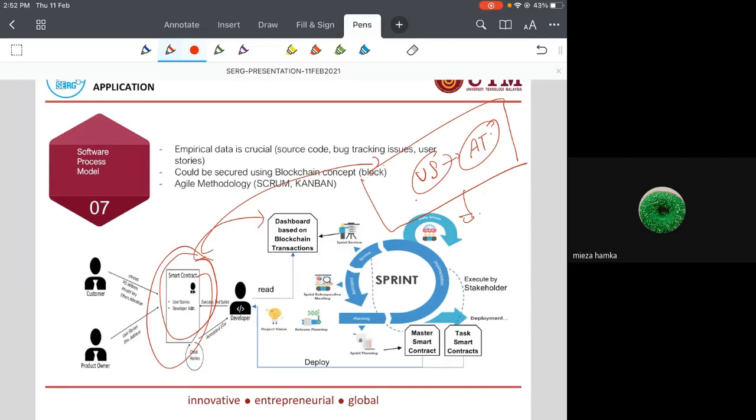This is where the smart contract plays its role. The product owner cannot say they disagree with that requirement, because the previous smart contract shows they already validated it and accepted the requirement during the acceptance testing.